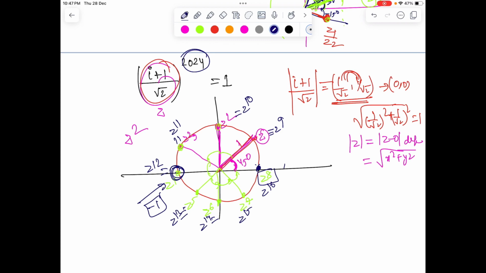When we took z8, we completed a full cycle. It's 2 pi. z16 is basically 4 pi, right? Again, z24 corresponds to 6 pi, and so forth.